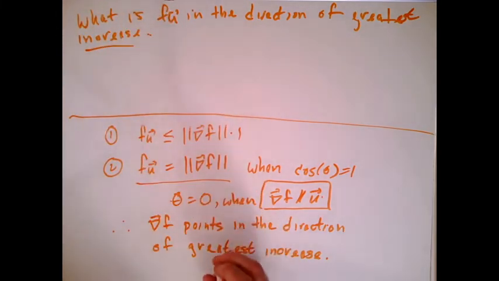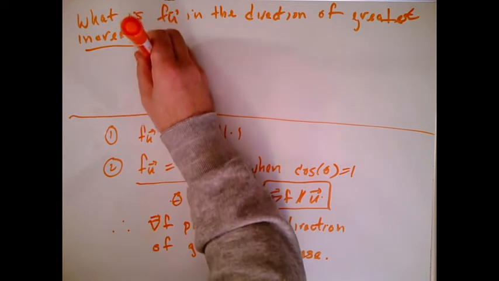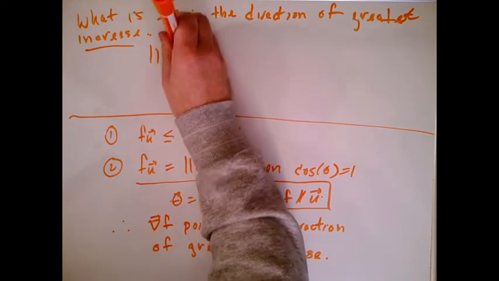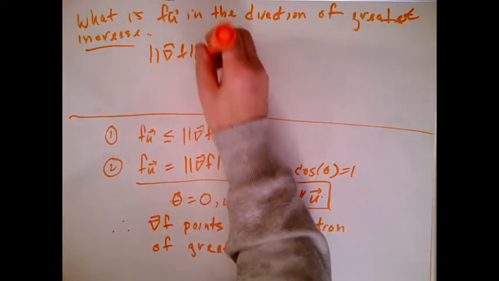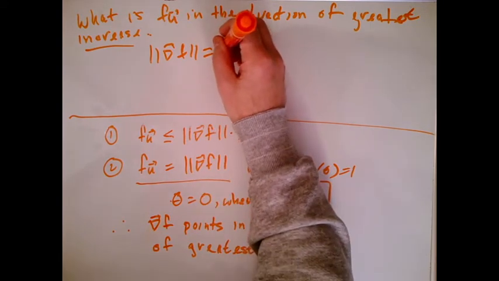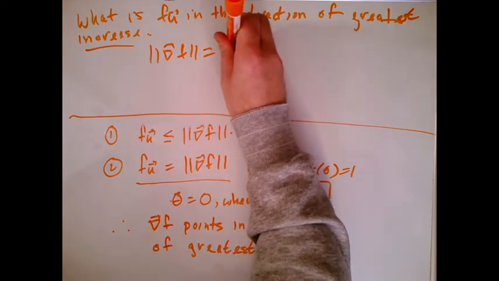Well, first off, we know that slope is equal to the length of the gradient vector. We have that over here.